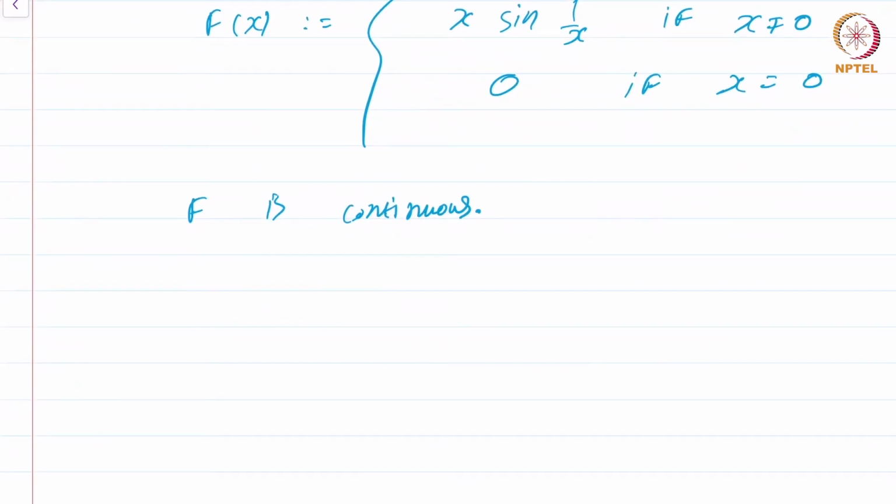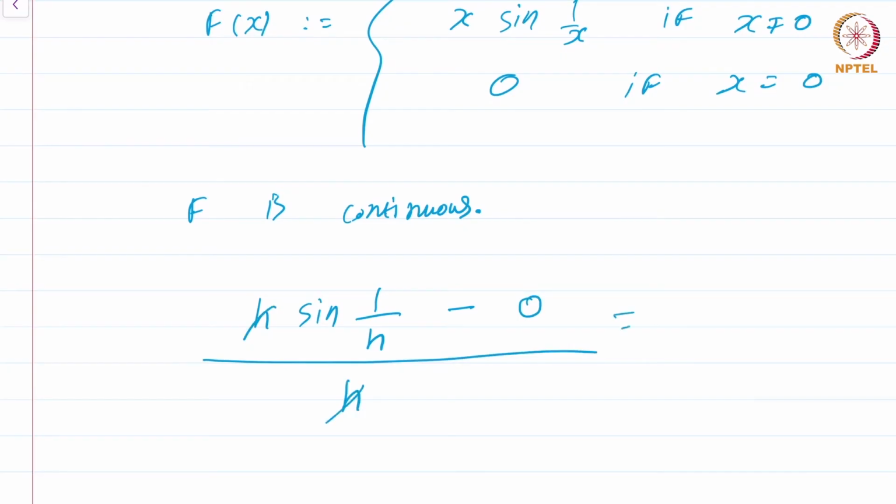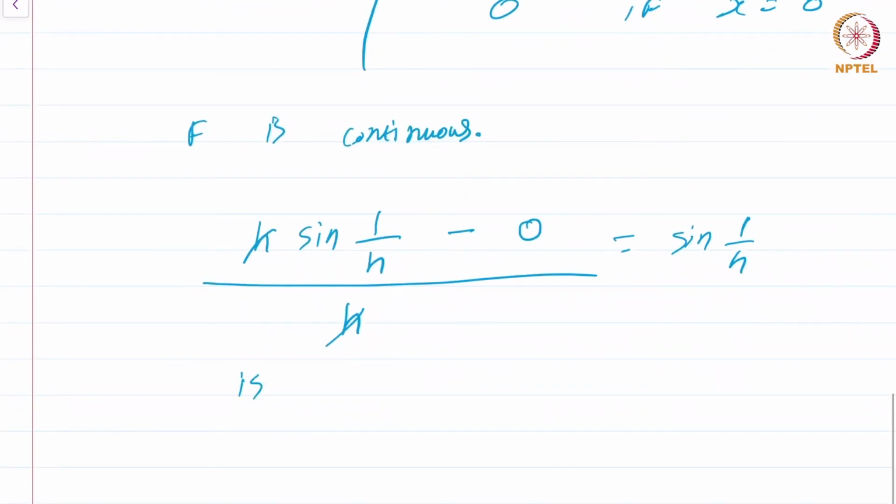So what you have to do is take h sine 1 by h minus 0, divided by h. This just gives sine 1 by h, and therefore f of x is not differentiable at 0.